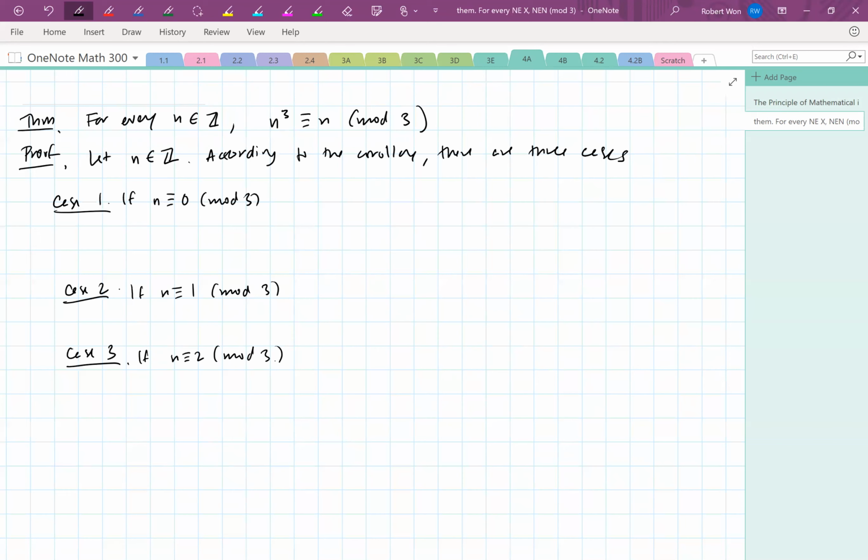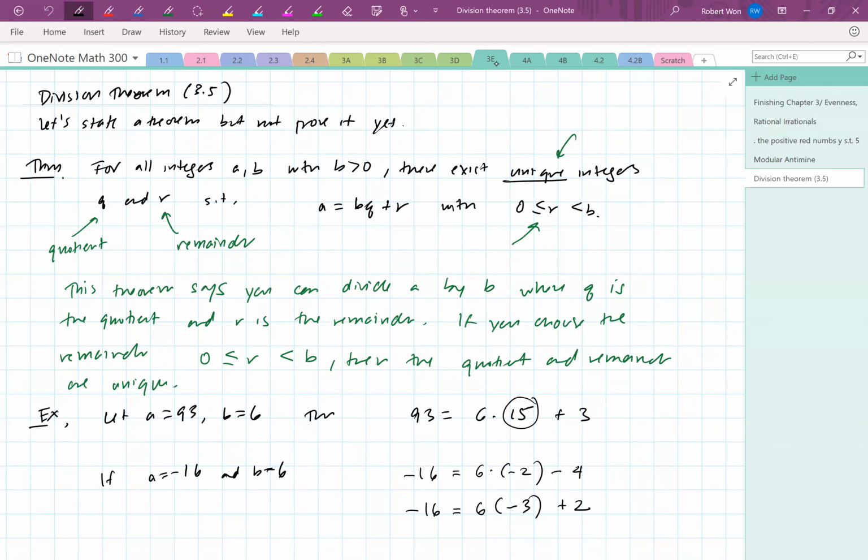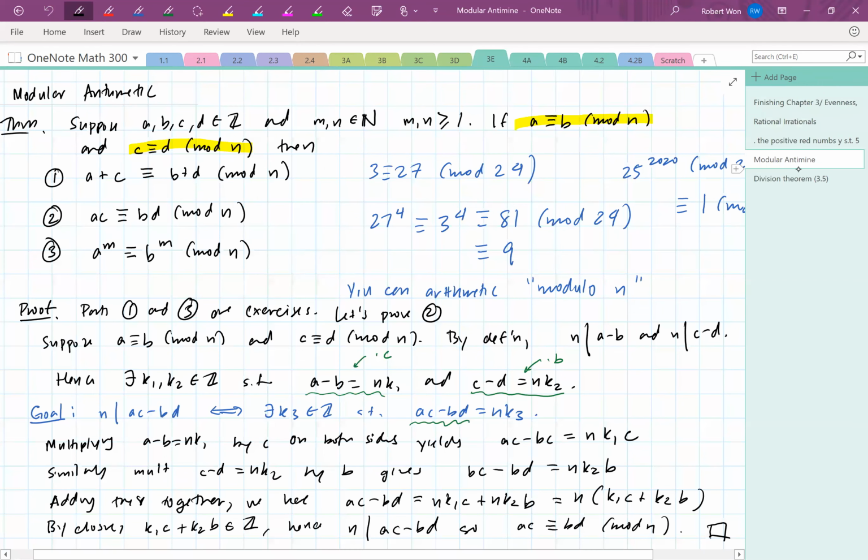Okay, if n is congruent to 0 mod 3, then by this theorem on modular arithmetic, if n is congruent to 0, then when you cube n, you get n cubed is congruent to 0 cubed. That's what it's saying, right? If n is congruent to 0, then n cubed is congruent to 0 cubed.